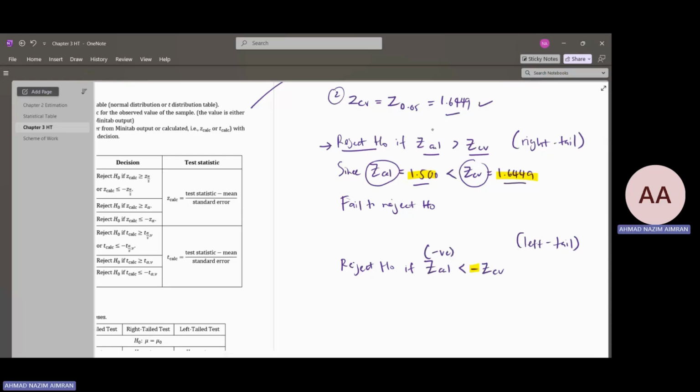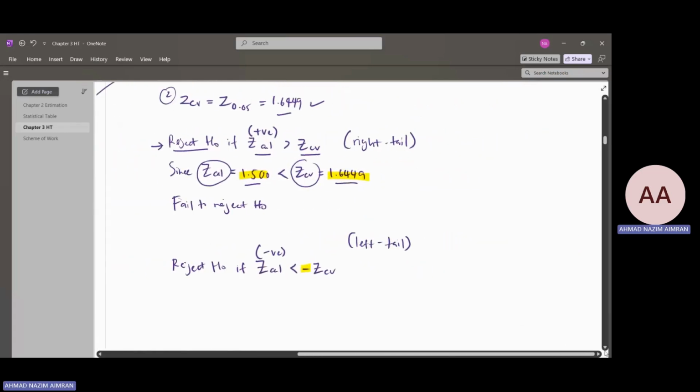And for the right tail test, we expect to get a positive value for the Z calculated. The same goes for the T calculated. And for this one, we will reject H null if Z calculated is less than negative Z critical value.